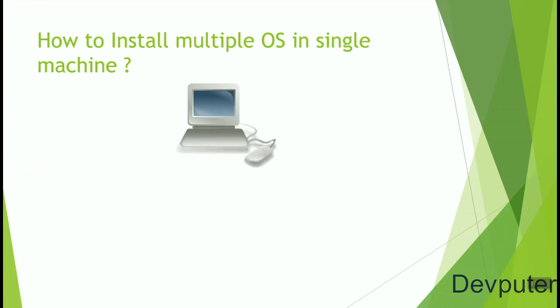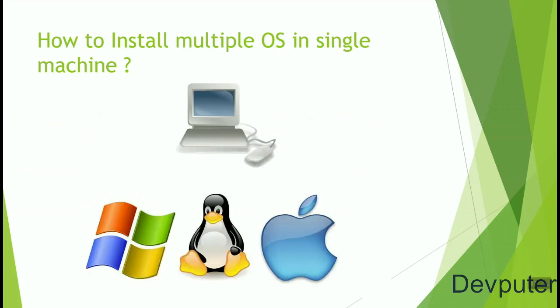So consider you have a single machine and you want to install Windows, Linux and Macintosh OS into the single machine. Okay. So that was the main purpose for VirtualBox's creation. Just consider this is your machine.